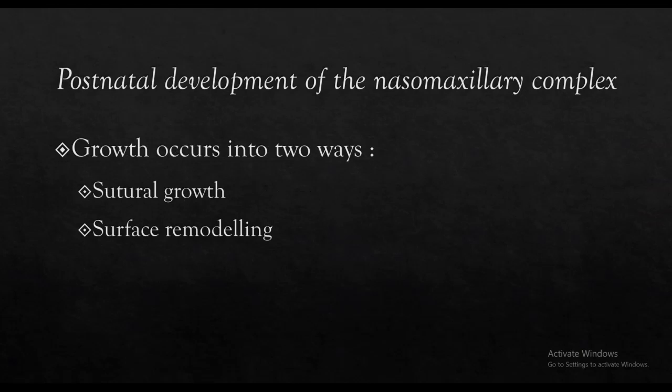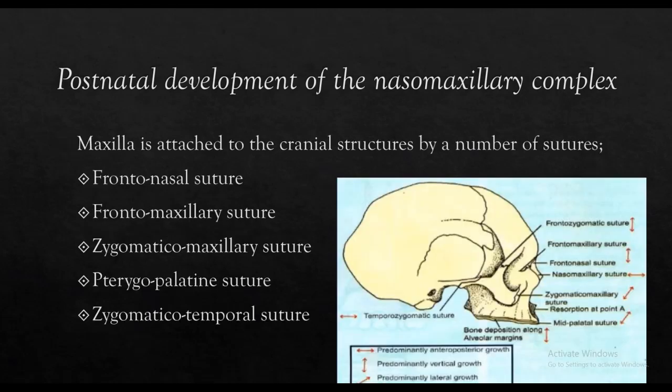Growth in the maxilla occurs in two ways: sutural and surface remodeling. Maxilla is attached to the cranial structures by a number of sutures.